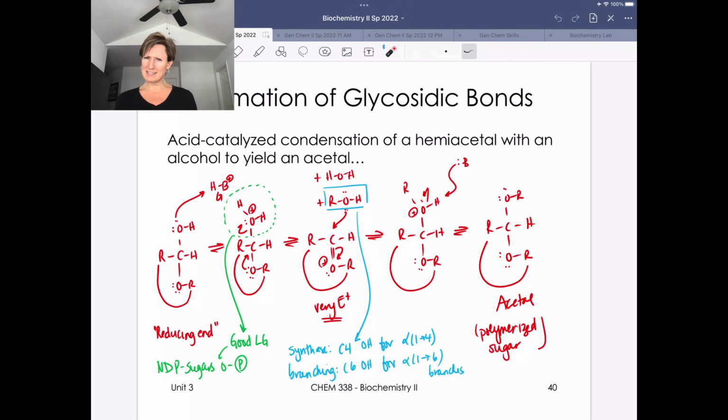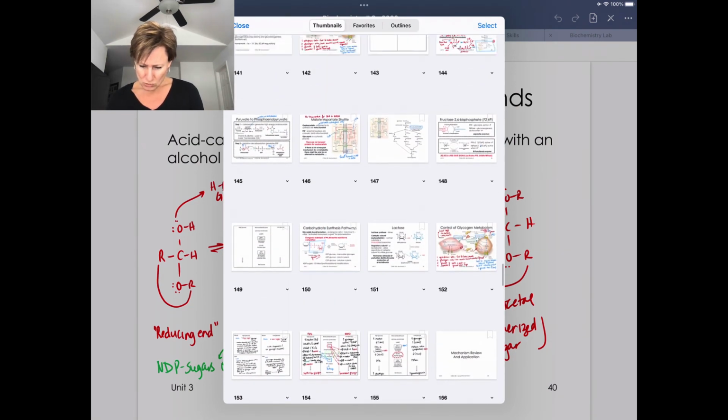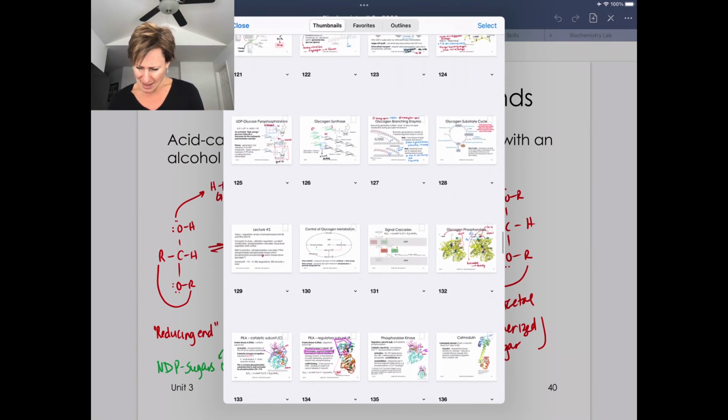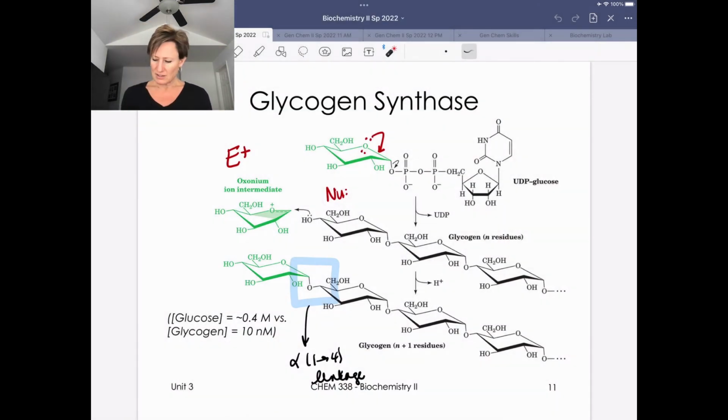So now that we sort of see this chemistry, this is the review piece, let's map that onto what we see with synthase chemistry. So let's find our synthase slide here. Here we go. So glycogen synthase. Here's our growing glycogen polymer. Here's a glucose residue that has a free hemiacetal. It hasn't formed its glycosidic linkage yet, so it's got an OH group that is free to do its nucleophilic chemistry.